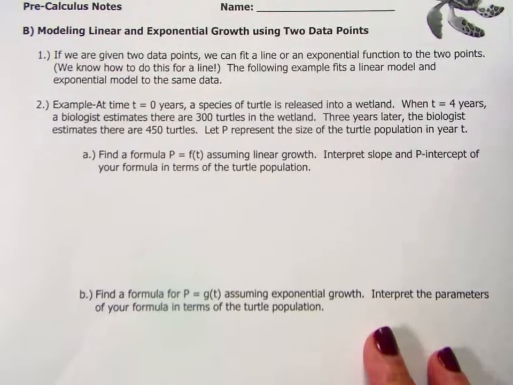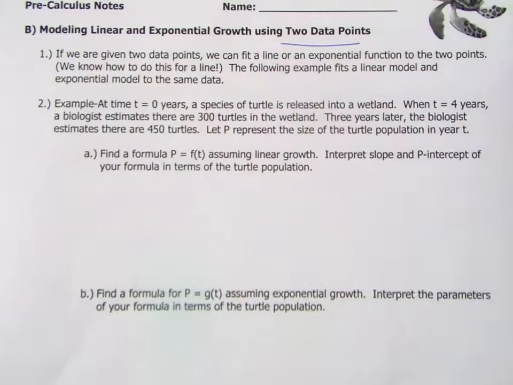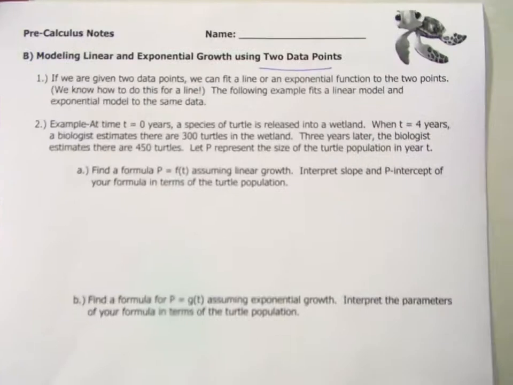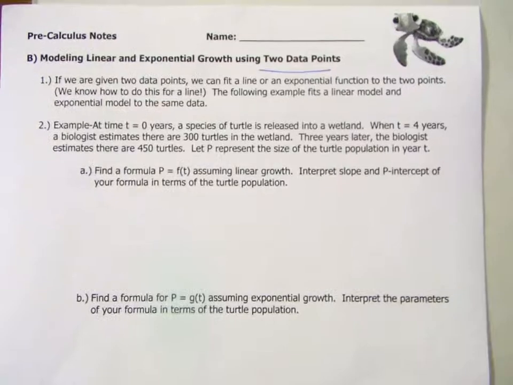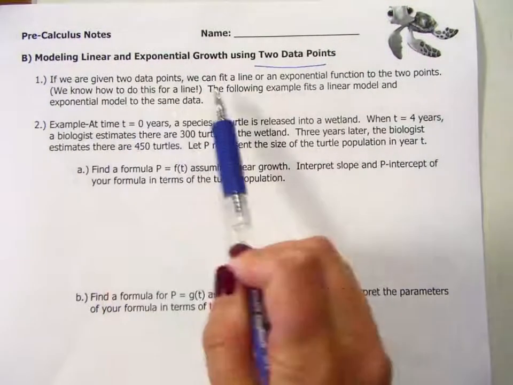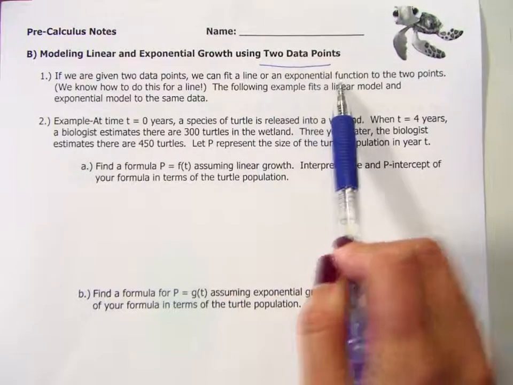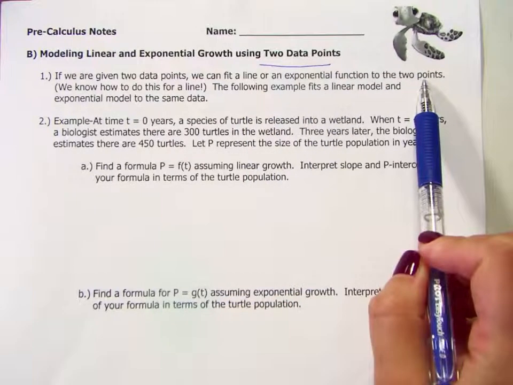All we need are 2 data points. Just like you need just 2 points to write the equation of a line, you just need 2 points to write the equation of an exponential function, okay? So if we are given 2 data points, we can fit a line or an exponential function to the 2 points.